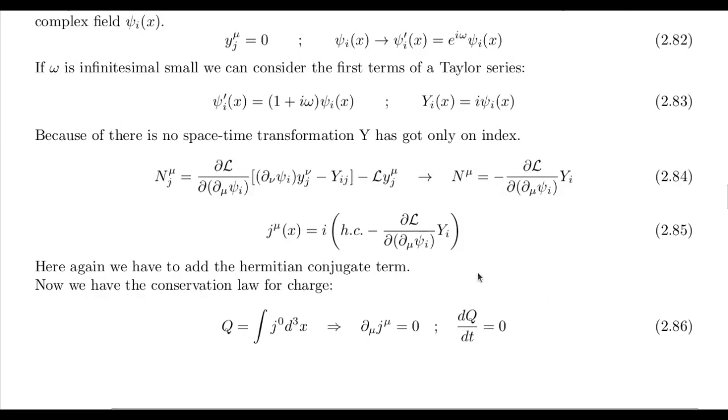And so we have the conservation law here for charge, because we can make an integration over space, and what remains is the derivative in time here, and the derivative is vanishing, and so we have a conservation law for charge, the electrical charge of a particle or system.